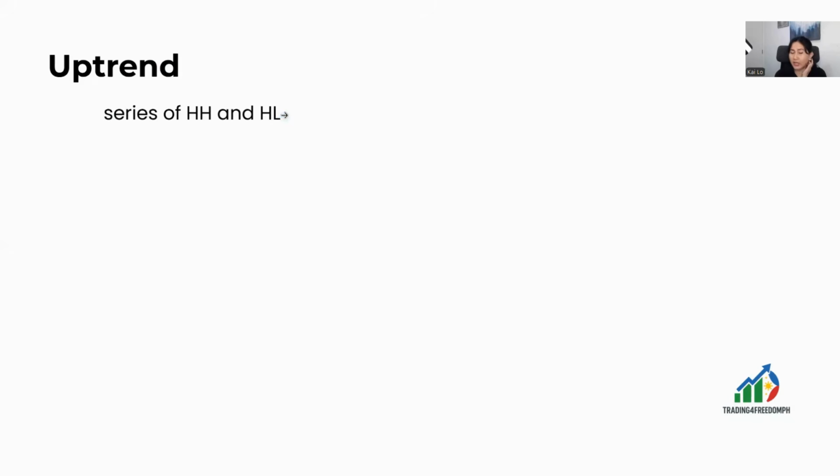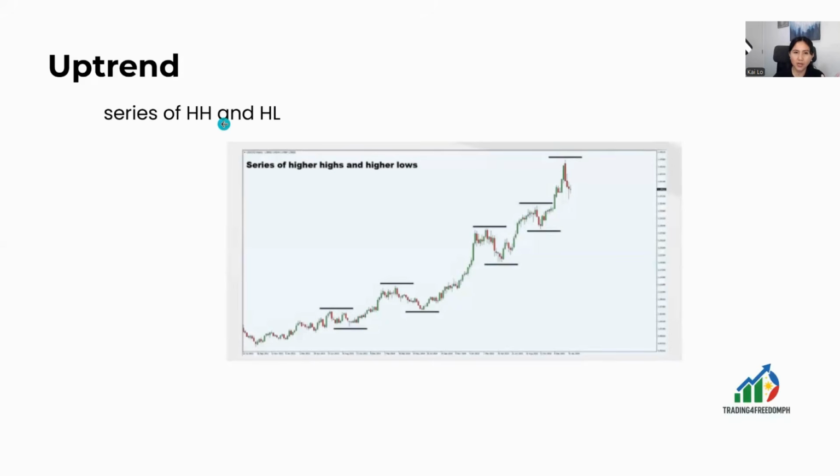There are a lot of indicators already right now na makikita mo na may mga drawings in the chart na higher high, higher low, or other indicators as well, moving average, trend lines, to tell you that it's an uptrend. But without those indicators, by just looking at the market structure, you would know that it's an uptrend because of the higher highs and higher lows.